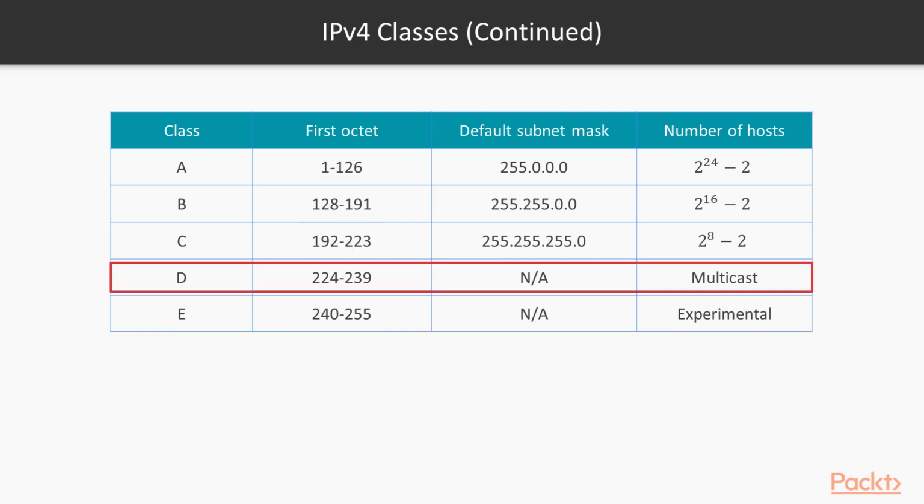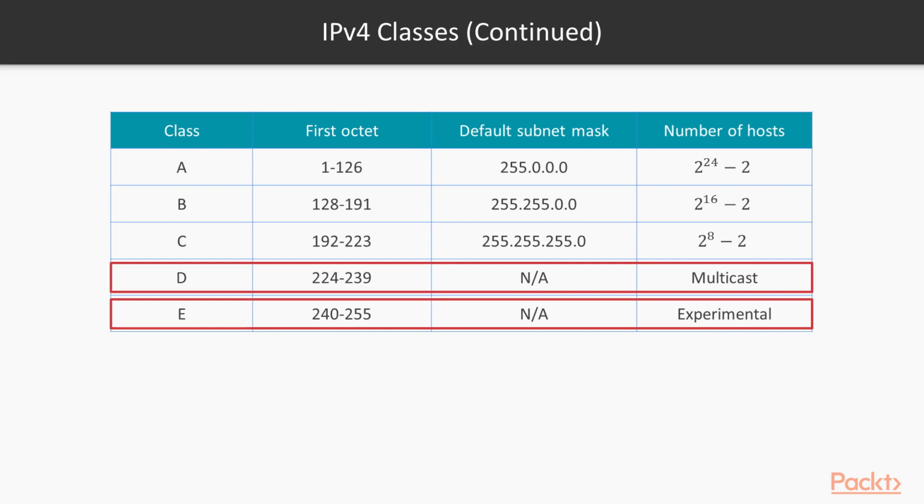Class D, which starts with 224 to 239, is for multicast addresses. I told you in the previous slide. If you want to send multicast messages, you can use one of these addresses. Class E is the experimental class, and you can't use it in an operational network.